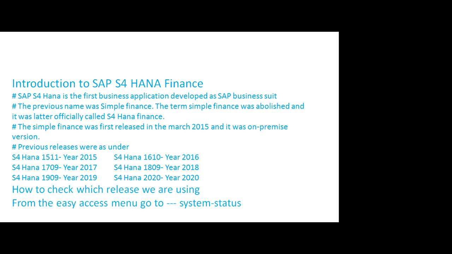So SAP S4 HANA, though it was started from the year 2015, different releases came in. From 2015 to 2020, there are 6 releases, and we are planning to use the 1909 version, which is from 2019. That version we are going to use. That version is working very well.